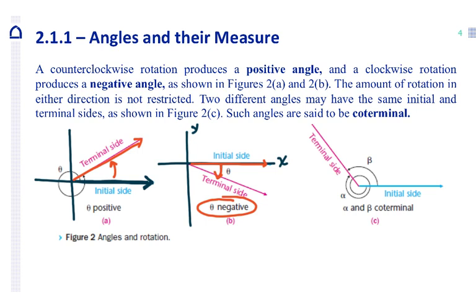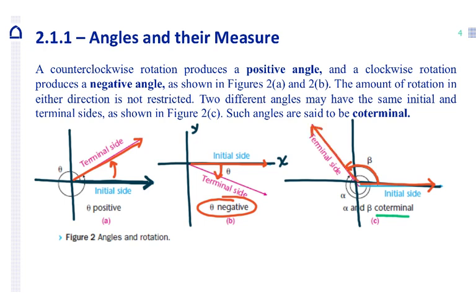And one more piece of vocab is this idea of being coterminal. So let me draw a picture. Imagine this is on a coordinate axis, and we've got an angle, and it starts on this positive x-axis, the initial side, and this angle beta opens to here and lands on this terminal side. That's angle beta.